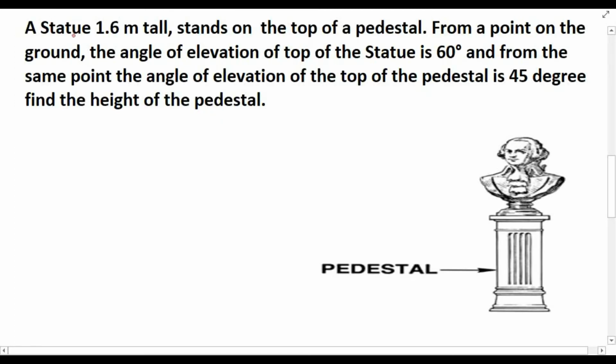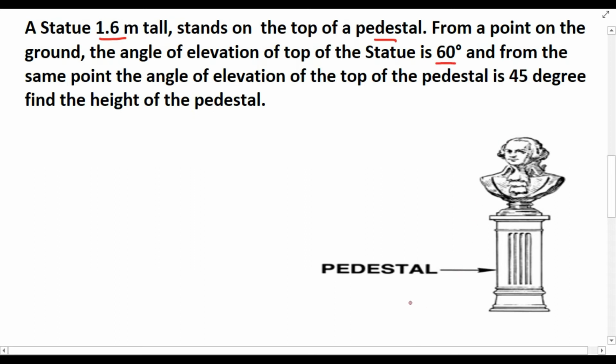The second question goes like this. A statue 1.6 meter tall stands on the top of a pedestal. So you can see a statue here, and the pedestal also you can see. From a point on the ground, the angle of elevation of the top of the statue is 60 degree.